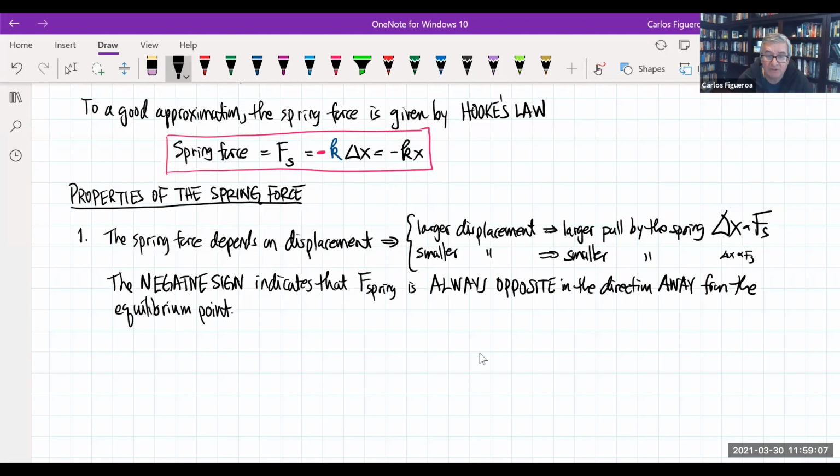So if the cart's already moving towards the equilibrium point, then that's not the case. It's always about moving away from the equilibrium point.